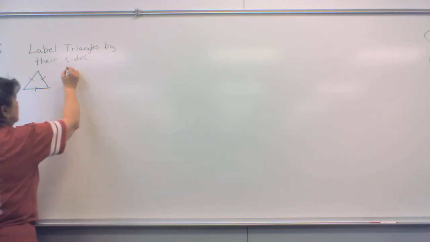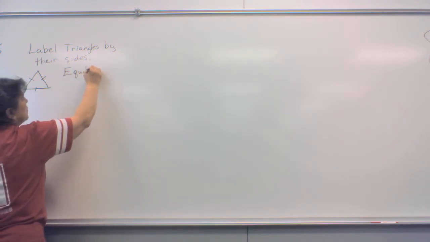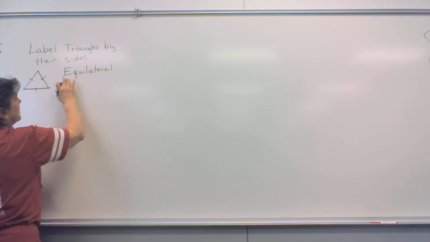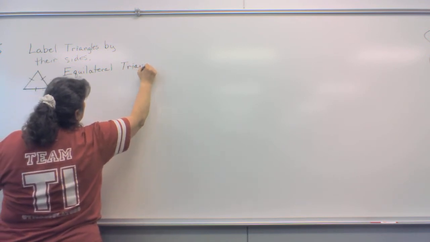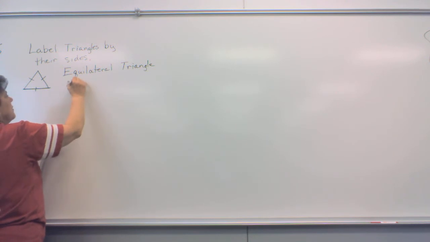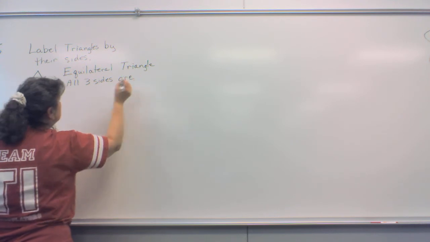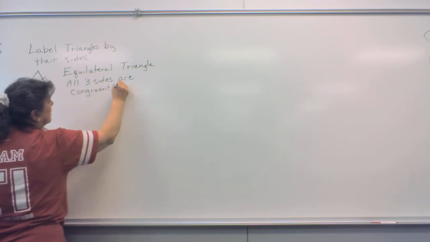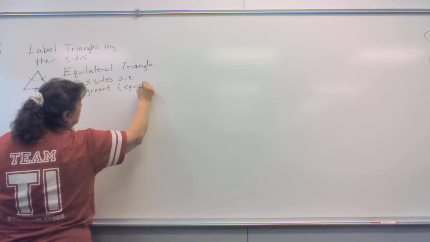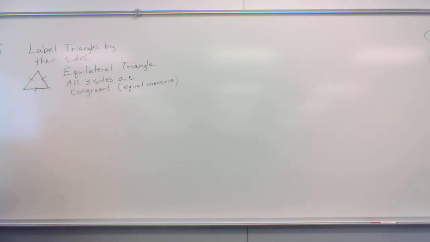And so the name of this triangle is an equilateral triangle. The reason it is equilateral, indicating that the sides are all the same. All three sides are, and we're going to introduce a new word here, congruent. Congruent means equal measure. If it's a side, it's going to be according to length measurement. If it's an angle, it would be according to degree measurement.